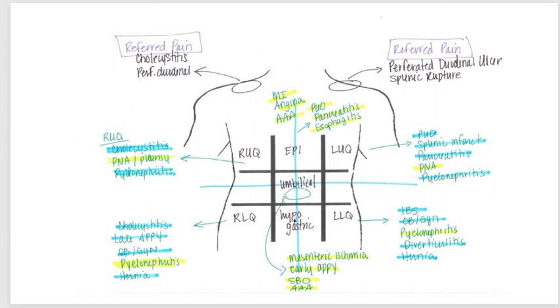If we do umbilical and hypogastric, we're really looking at mesenteric ischemia, early appendicitis, small bowel obstruction, or triple A. Left lower quadrant, irritable bowel syndrome, OBGYN complaints, pyelonephritis, diverticulitis, and hernia. Left upper quadrant is going to be peptic ulcer disease, splenic infarct, pancreatitis, pneumonia, and pyelonephritis.